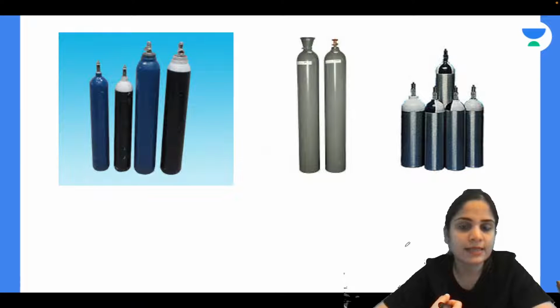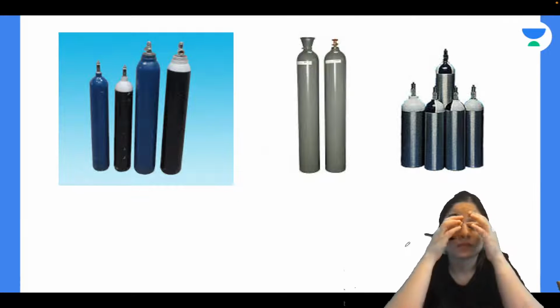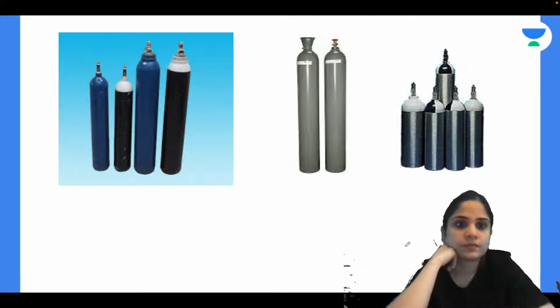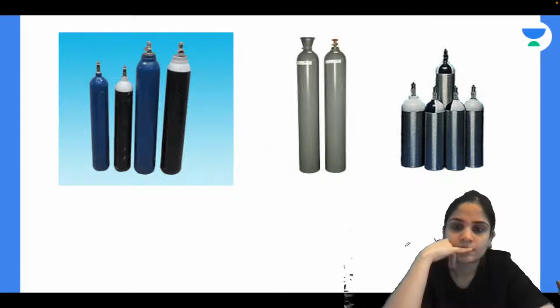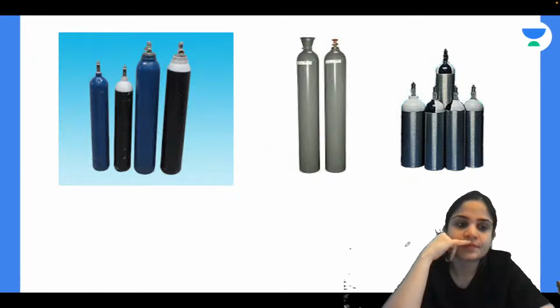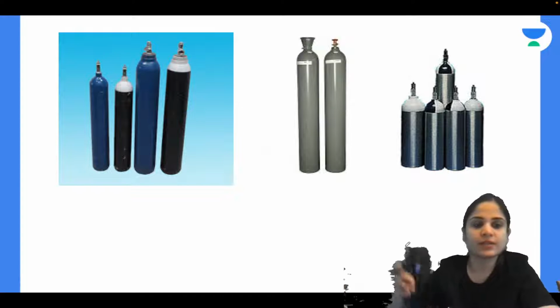So can you guys identify what are these? What are all of these that you can see?